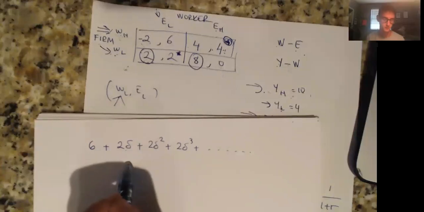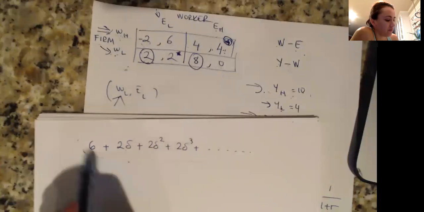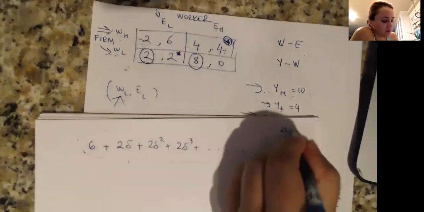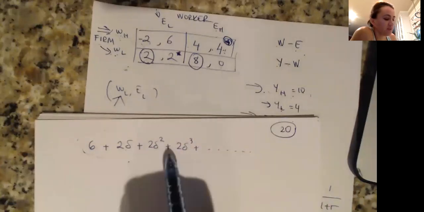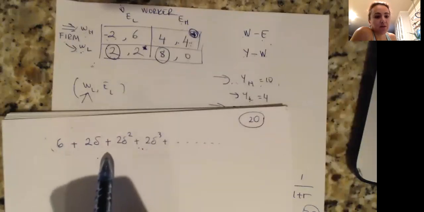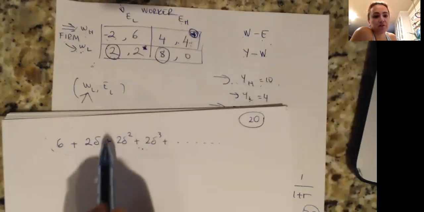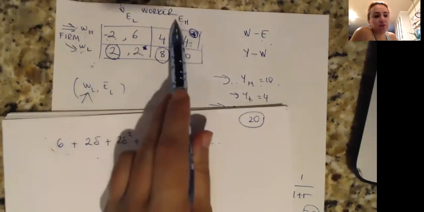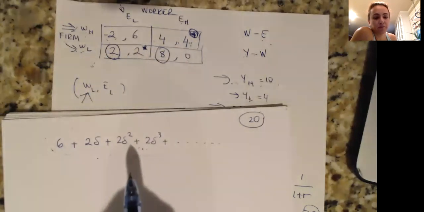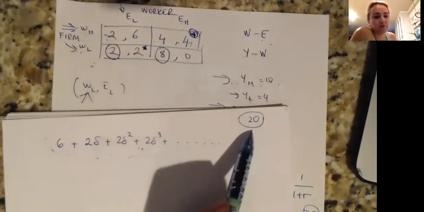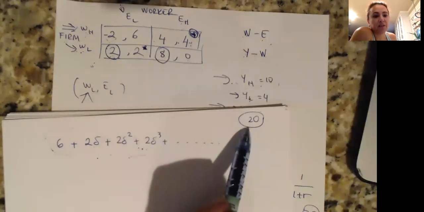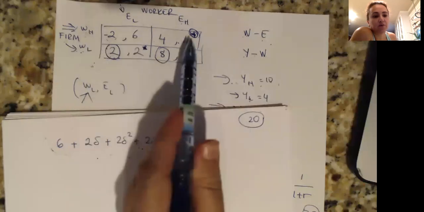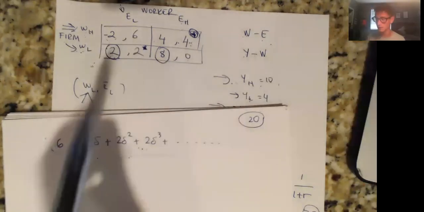And then we are going to compare this payoff with the 20 that we found before. If this number is bigger than 20, then the worker is going to cheat, so you cannot reach WHEH as an equilibrium. If this number is less than 20, then it's better for the worker to keep playing EH as a response to WH. Okay, I got it.